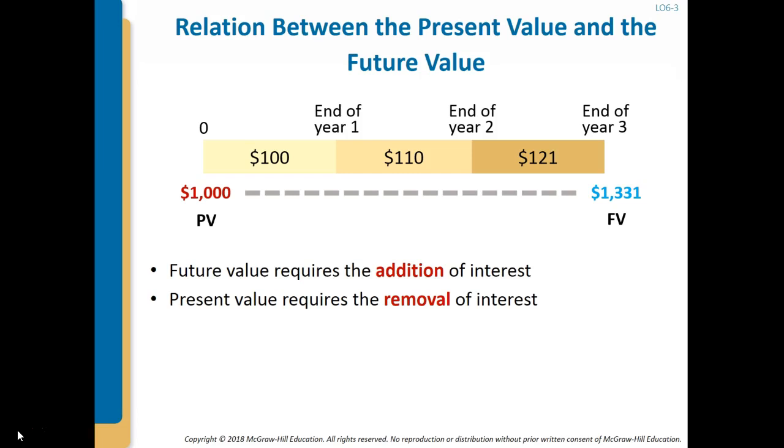So the process of computing present value removes the $331 of interest earned over the 3-year period from the future value of $1,331, just as the process of computing future value adds the $331 of interest to the present value of $1,000 to arrive at the future value of $1,331. Present value calculations are incorporated into accounting valuation much more frequently than future value.